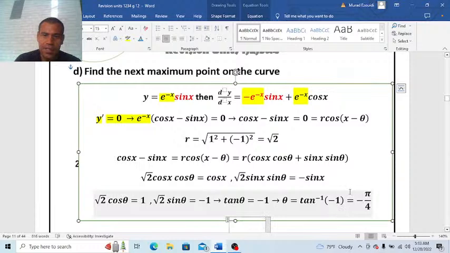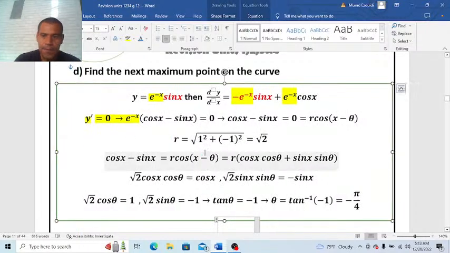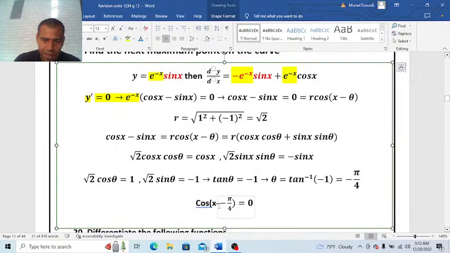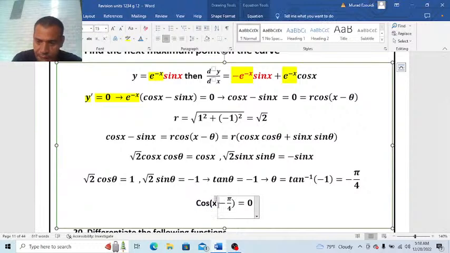Okay, now I will extend this one, if it is possible, of course. We told x, I will write minus between parentheses, minus pi over 4.